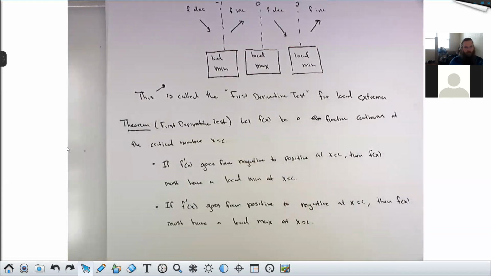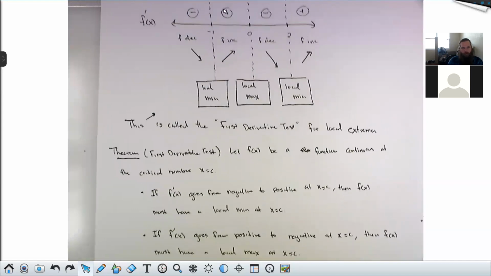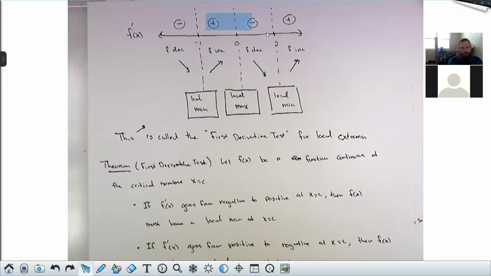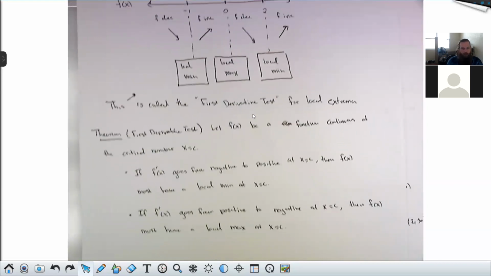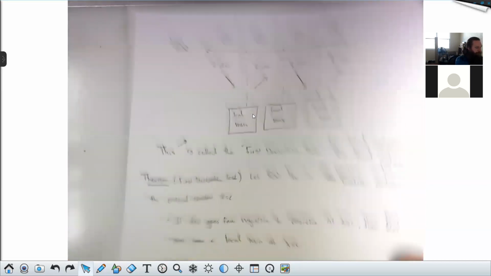And that's similarly logical, right? If f prime goes from positive to negative at some critical number, then you're increasing to the left and decreasing to the right, which means you're going uphill then downhill, which means you rolled over the top of a little hill, which means the center of that hill is a local max. This is the first derivative test, and it's the most useful way to find mins and maxes.